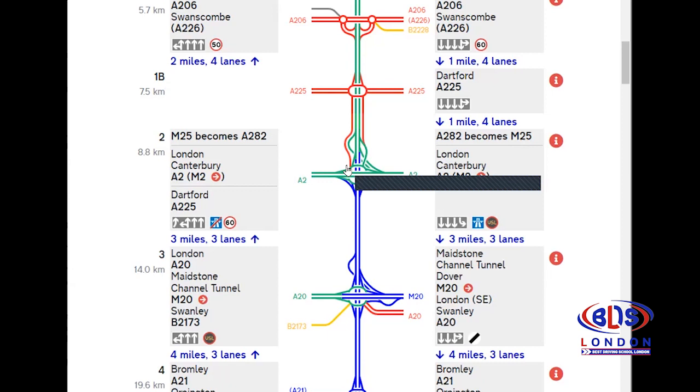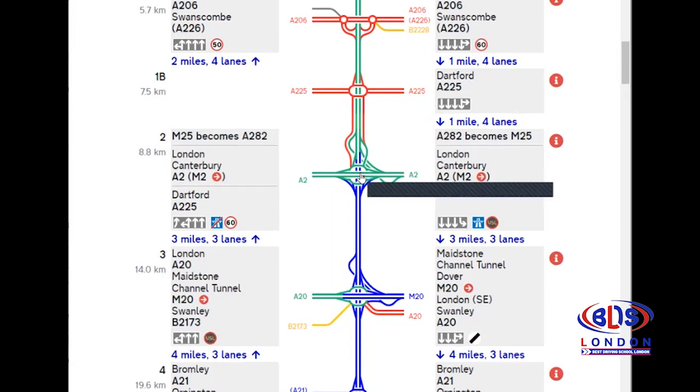So junction 1A and 1B is still the A282, but the moment you get to junction 2, south of the river, it becomes the M25.